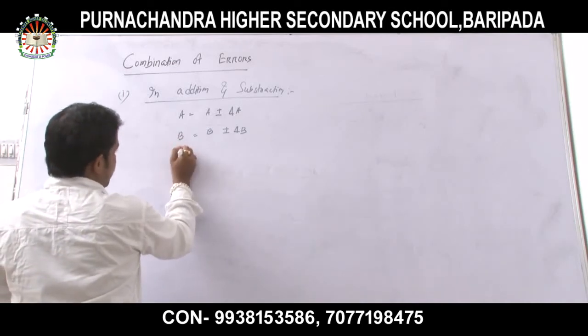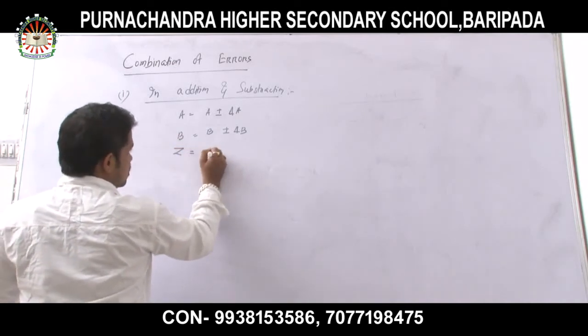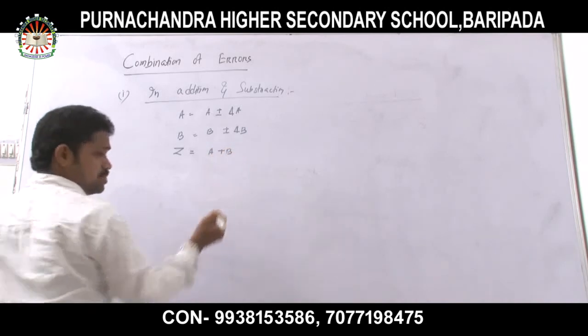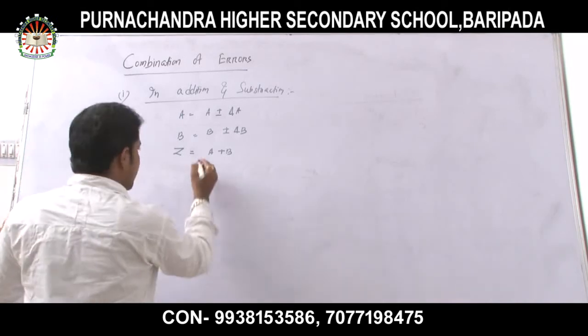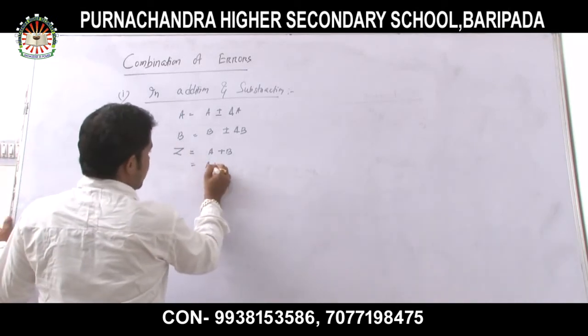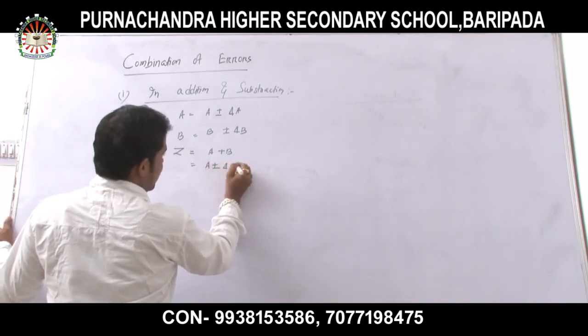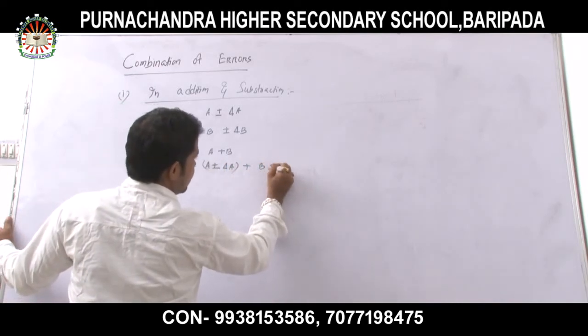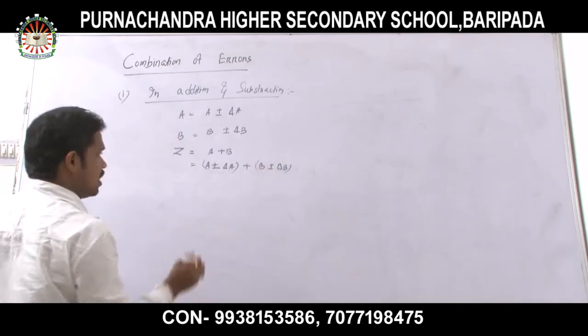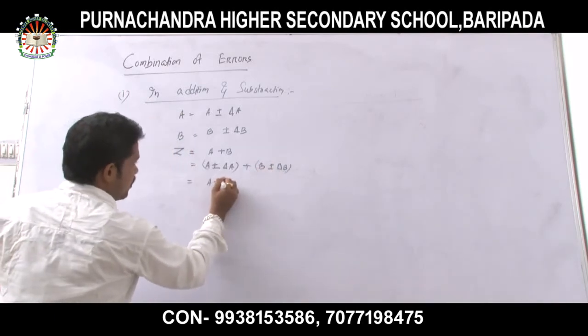Now we are going to find out Z. Z is nothing but A plus B. So A plus B means A plus minus del A plus B plus minus del B. Very simple. So what do we find?